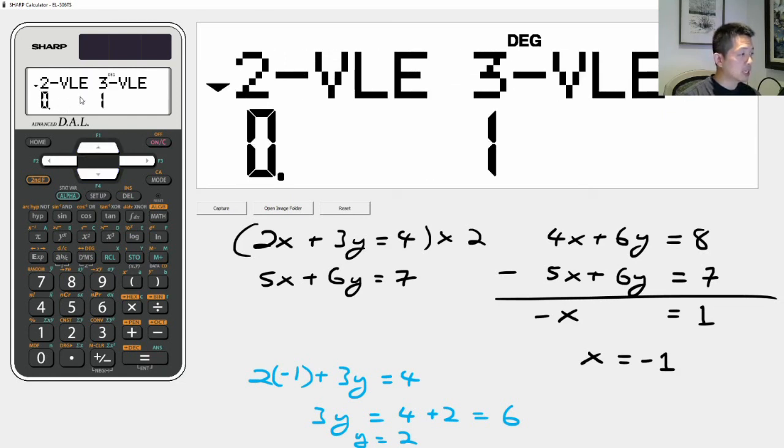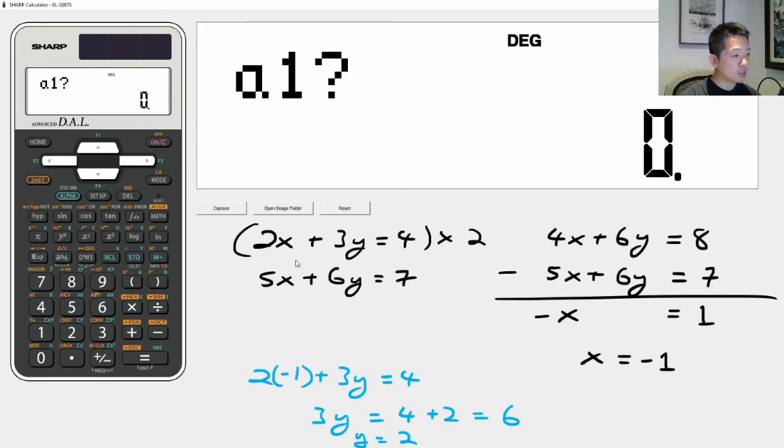So in this case, to solve the system of equation, then we use 2 value or 3 value. So 2 value is for 2 variables, 3 value is for 3 variables. So I have 2 variables, so I'll choose 2 value. Now what is my input? So remember, it has to be x coefficient, y coefficient, and the constant number on the other side of the equation, it has to be in this order.